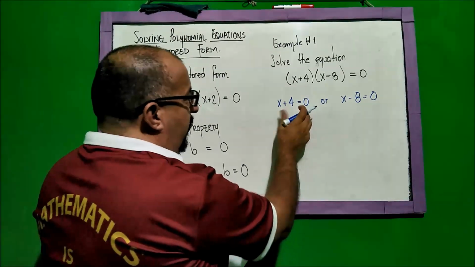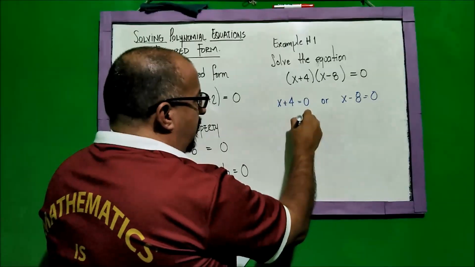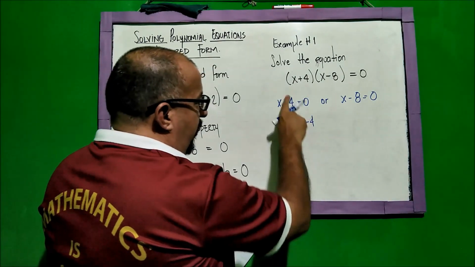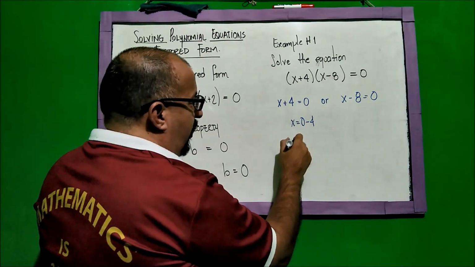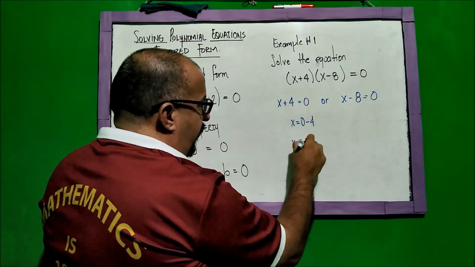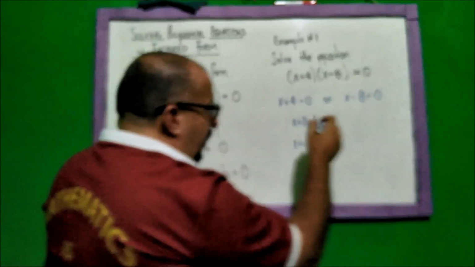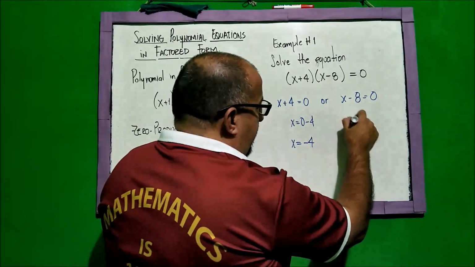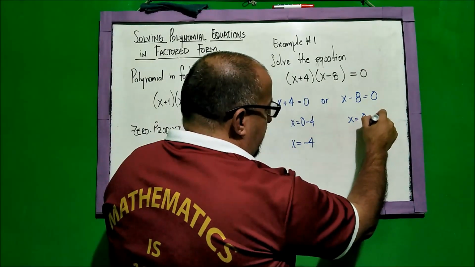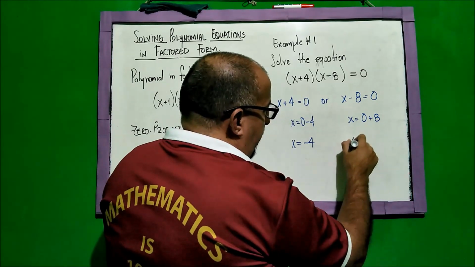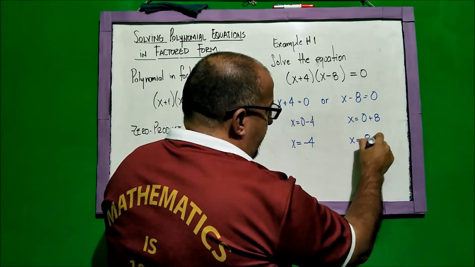So basically what I have in here is x equals 0 minus 4, remember, doing the inverse on the other side of the equation, and therefore we have the first answer, which will be x equals negative 4. Then on the other side, we are going to have x equals 0 plus 8, and therefore x will be equal to positive 8.